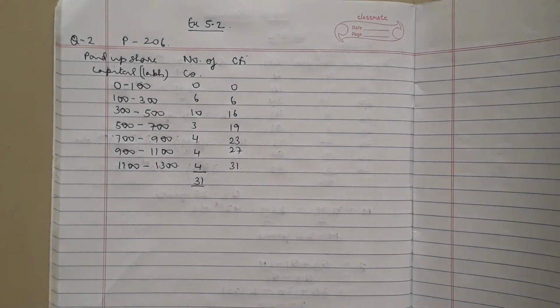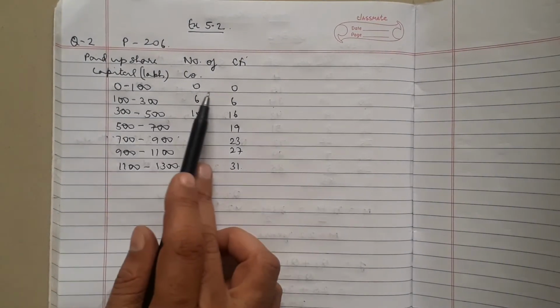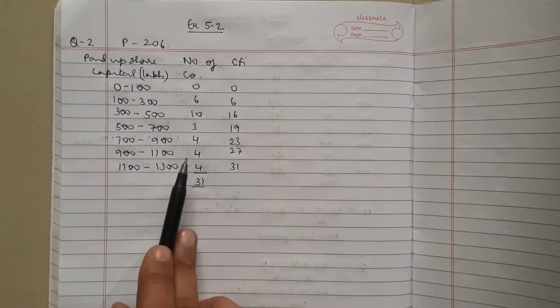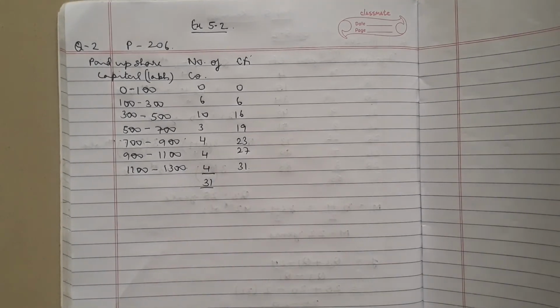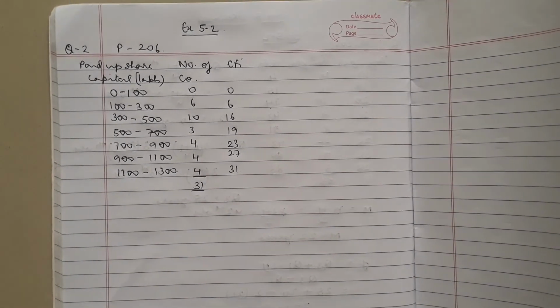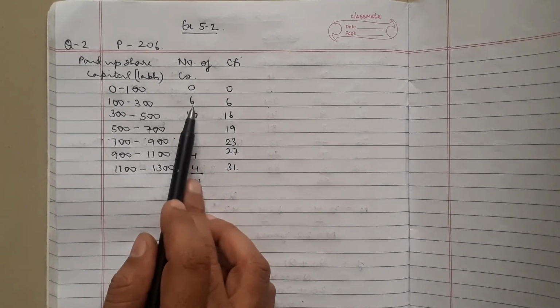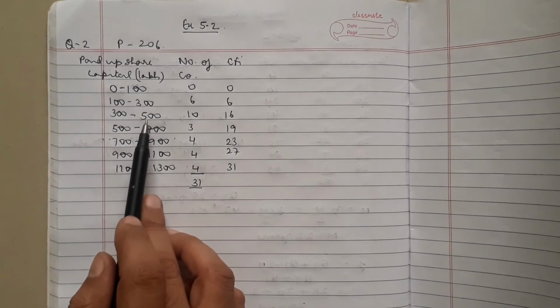Now here less than 100, so 0 to 100, the value will be 0. The CF is given, and we have to convert it into the original class. Second, less than 300, so 100 to 300 is 6. Then less than 500 is 16, that means 300 to 500 next.